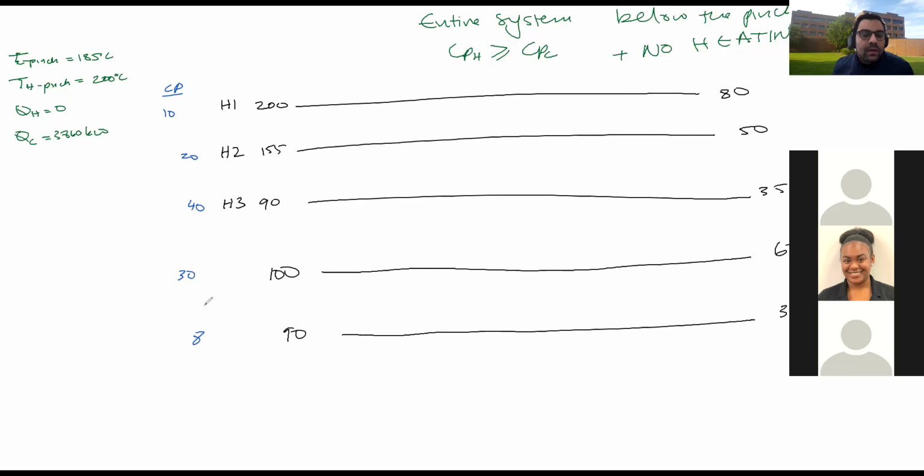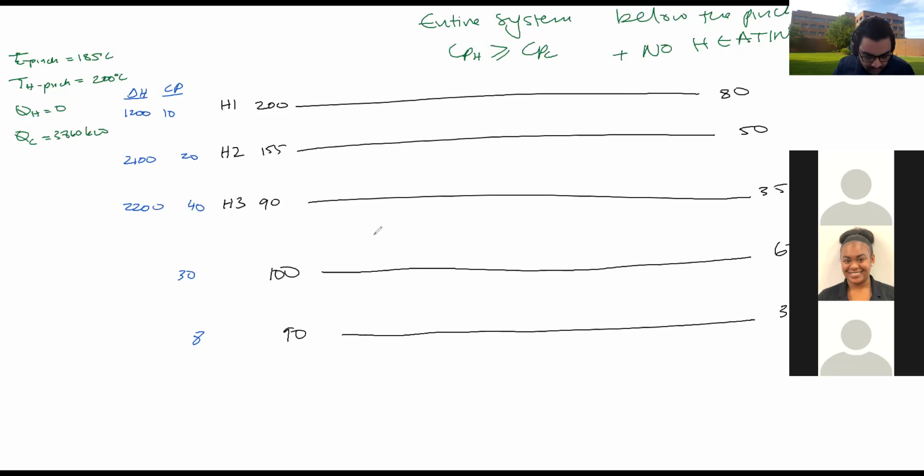Okay. And let's also calculate the amount of heat available in each stream, right? So I have 200 minus 80 multiplied by 10 for the first guy. So it's 1200 kilowatts. For the second stream, this is 155 minus 50 multiplied by 20, that's 2100 kilowatts. 90 minus 35 multiplied by 40, 2200.